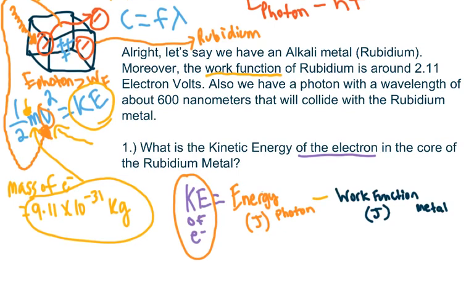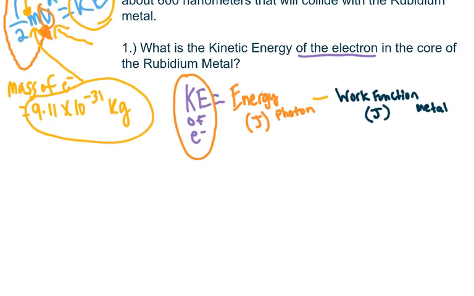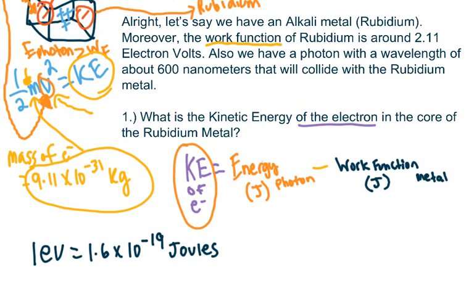So guys, let's go ahead and do that. We have a conversion factor to help us: 1 electron volt is equal to 1.6 times 10 to the negative 19th joules. If we know that, we can figure out how many joules is equal to 2.11 electron volts.